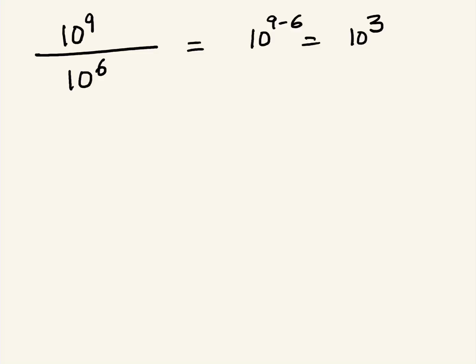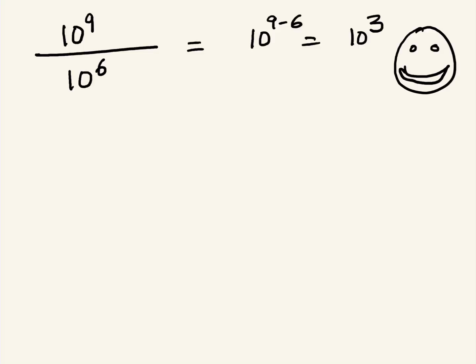So I have 10 to the power 9 divided by 10 to the power 6. Very good. If you got your answer here as 10 to the power 3, please give yourself a big smiley because you've understood the concept. You're almost there.